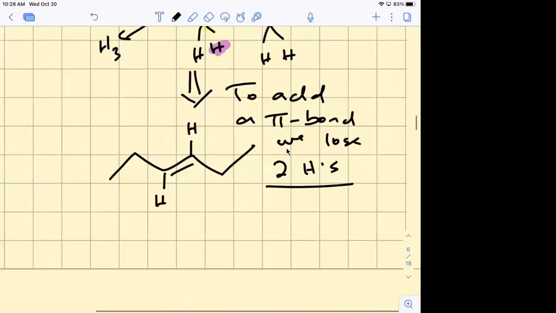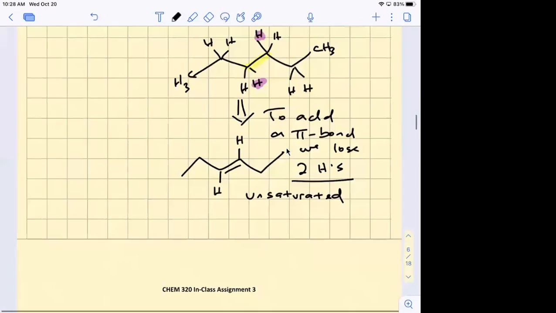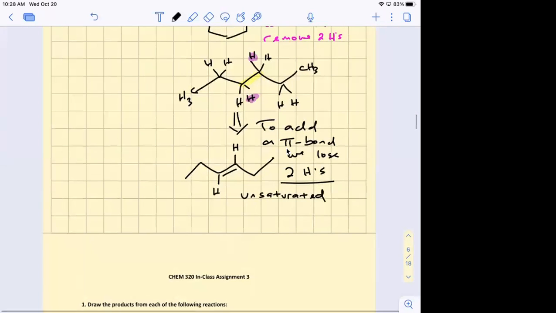This is also what we would call unsaturated, because I have 2 spaces on that chain that are not methylene carbons, or CH2s.